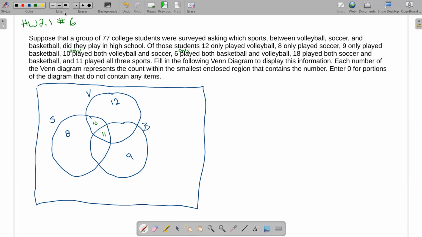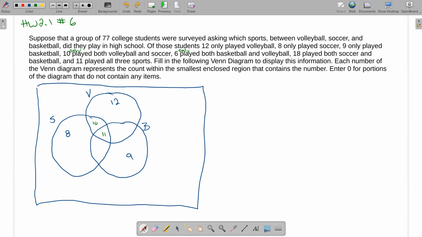So the ambiguity is that when they say 10 played both volleyball and soccer, since it doesn't reference basketball or say only, I think it's this region, but due to that 11 in the middle, that's not possible. So the author of this question must have meant that region right there. And wording these things is tricky sometimes.